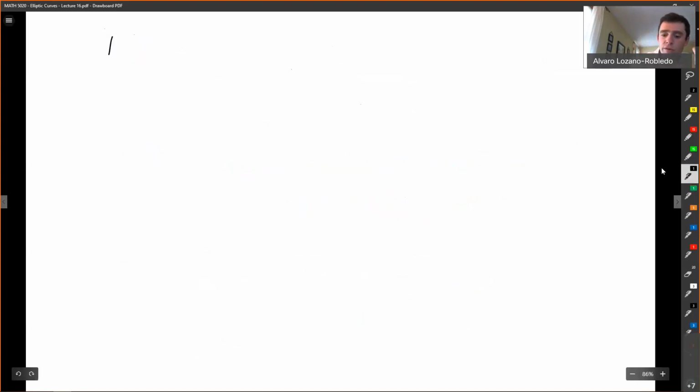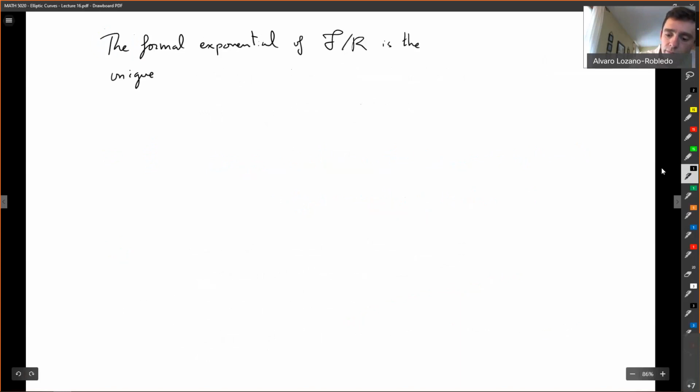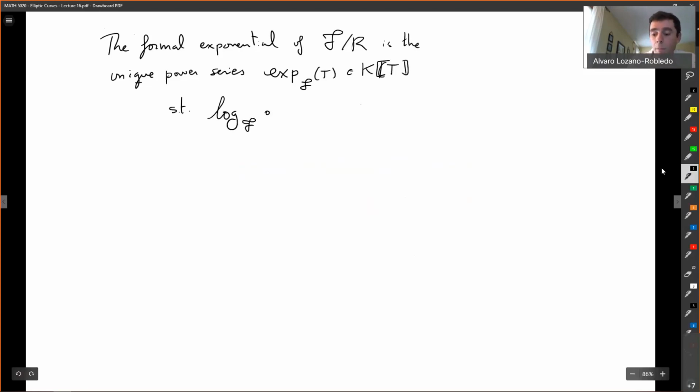So the formal exponential of a formal group is the unique power series exp(t) in K[[t]] such that the formal exponential composed with the formal logarithm gives you the identity.